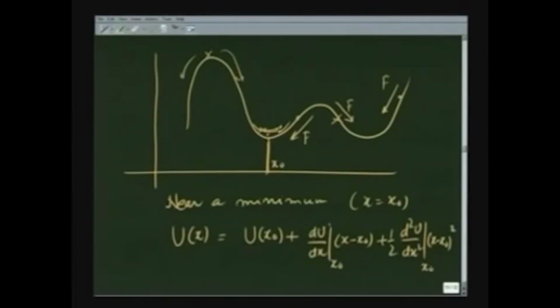Since this is a minimum, du/dx at this point vanishes, and therefore I have u(x) equal to u(x0) plus 1/2 d²u/dx² at x0 times (x minus x0) squared.